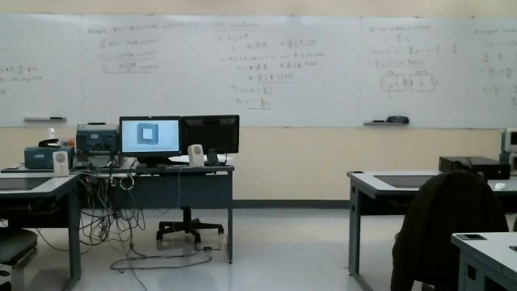Again, I have to be a little careful with my sign convention. V2 over I2, if I2 were flowing to the right, would be equal to the load impedance. But because I've defined it going to the left here, I pick up another minus sign, and this becomes N1 over N2 squared times the load impedance.